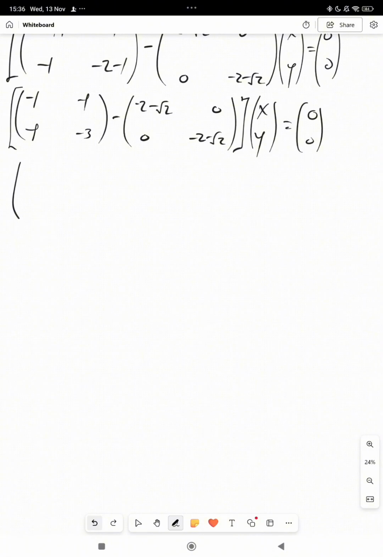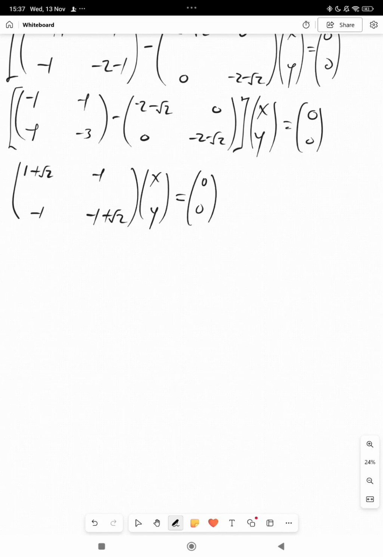Minus 1 minus 2 is 1 plus square root of 2, and minus 3 minus 2 gives us minus 1 plus square root of 2, multiplied by x and y, giving us 0, 0. Next, we take the first line.